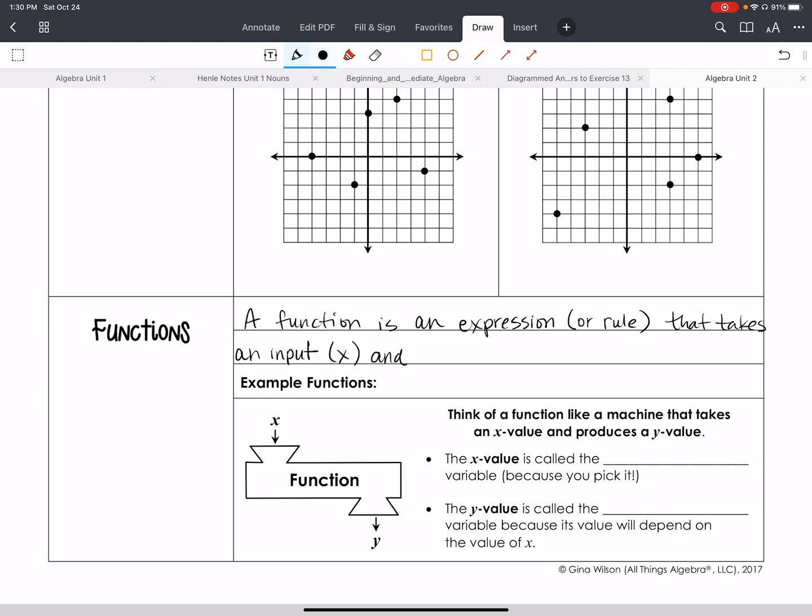And it produces or generates a single output. That's not 2 words, Mrs. Grace, it's 1 word. Okay. Which we are going to call y.